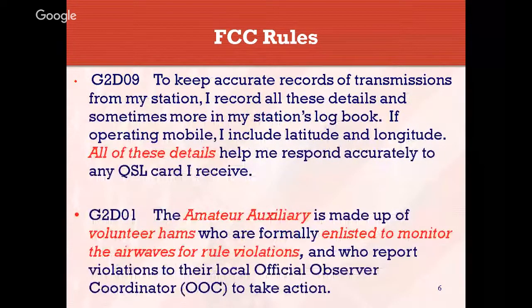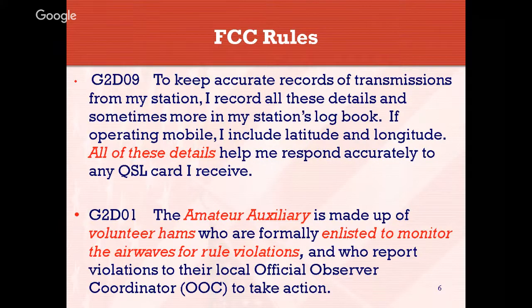The amateur auxiliary is made up of volunteer hams who are formally enlisted to monitor the airwaves for rule violations and who report violations to their local official observer coordinator to take action. Again, this is all part of that logbook and keeping that information handy. Say for instance you've got somebody in your shack who's not a ham radio operator, but you're there and you're operating.